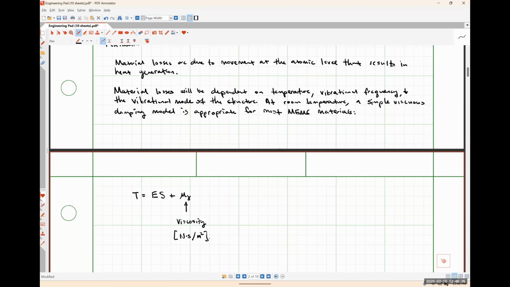And then our viscosity is multiplied by the derivative of our strain with respect to time. And for periodic oscillation, this comes out to be Young's modulus times our strain plus j omega viscosity times strain.